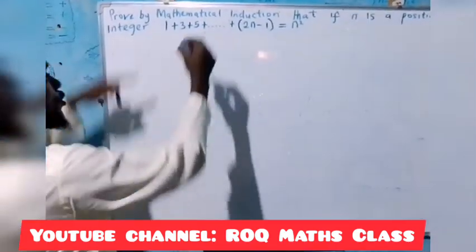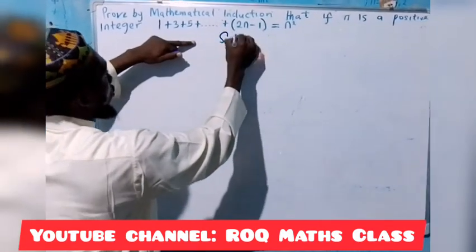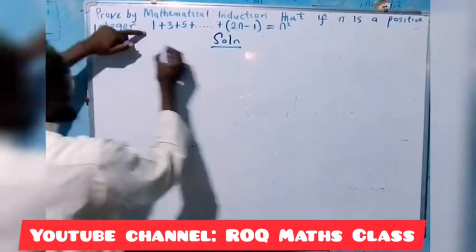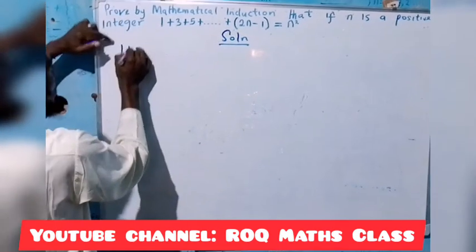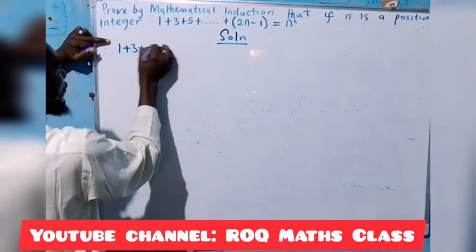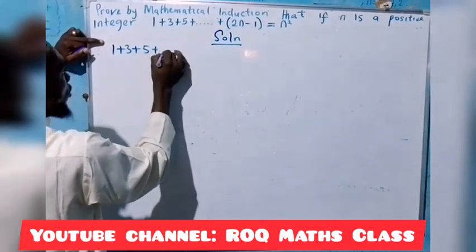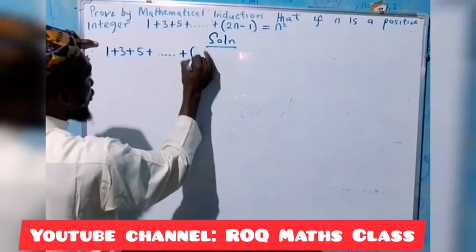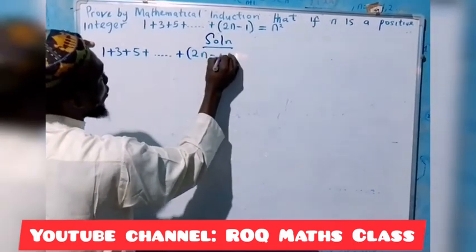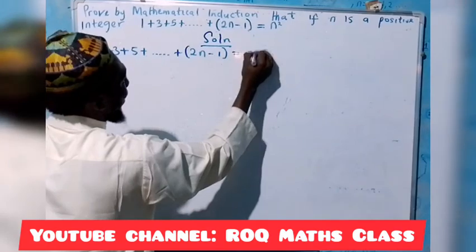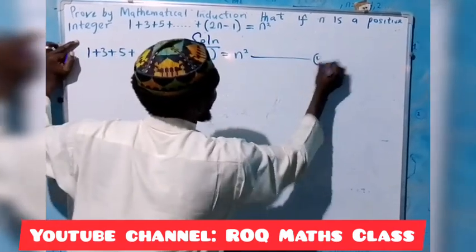Now, let's move on to the solution. Our equation is 1 plus 3 plus 5 plus, and so on, plus the bracket of 2n minus 1, equal to n squared. Call this equation 1.